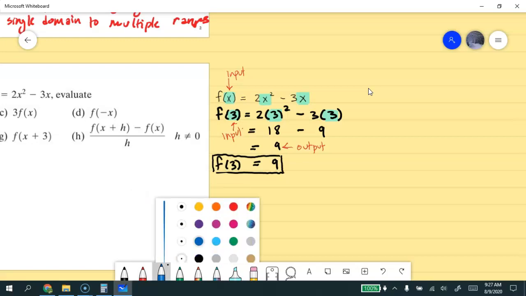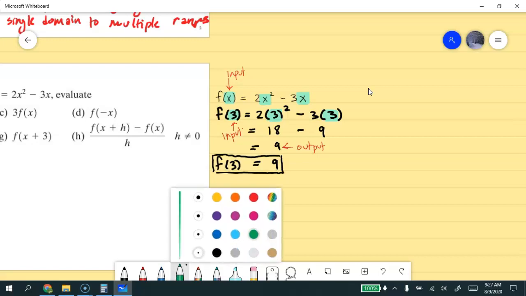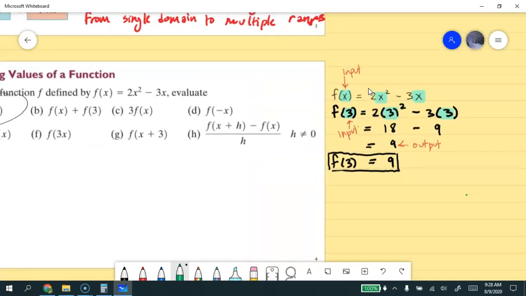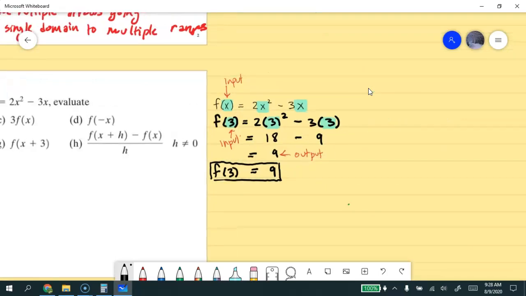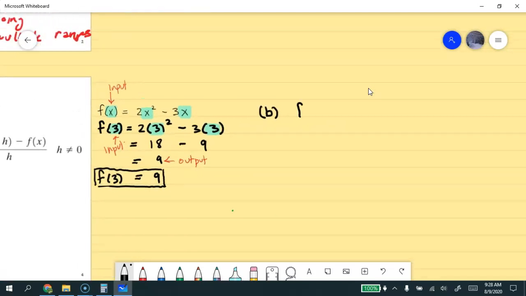All right, next we're going to go ahead and try another problem, and we're going to do several of these until you kind of get the hang of it. So letter B, it says f of x plus f of 3. All right, so letter B, let's write it over here, f of x plus the f of 3.